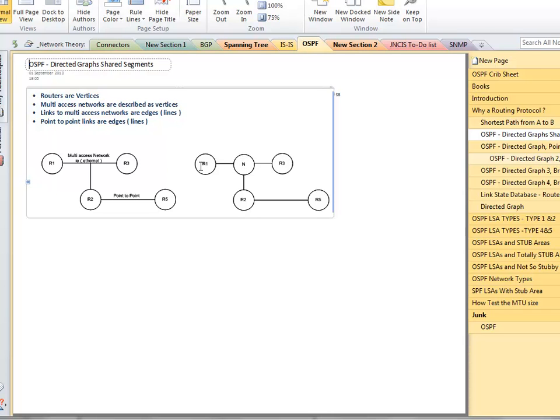What we're really doing is breaking the shared link down into three direct connections. Point to point is probably the wrong word, but three direct connections.